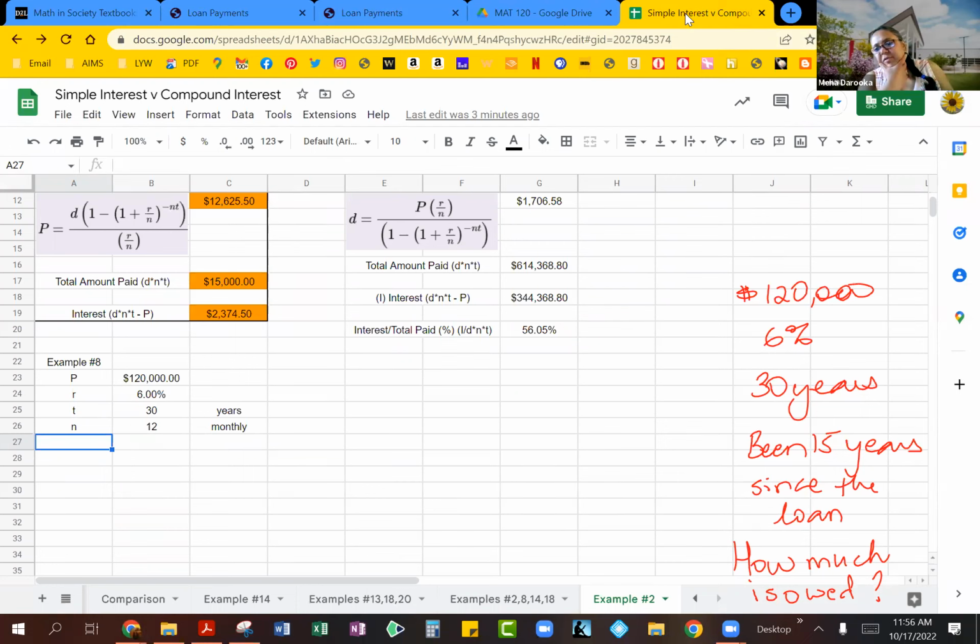Okay, so you did it for 15 years for now? Yes. As in, I calculated the payment and then I multiplied it for 15 years. And you multiplied it for 15 years. Oh, okay, wait. Hold on.